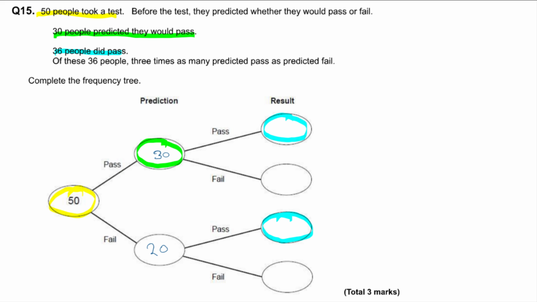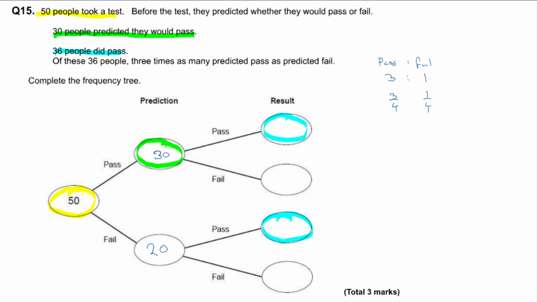So that means that the people who predicted pass to the people who predicted fail were in the ratio of 3 to 1. Okay, so that means 3/4 of them predicted pass and 1/4 predicted fail, because I just added the 3 plus 1 together, got 4, so I knew there must be 4 parts. So 3 out of 4 pass, 1 out of 4 fail.